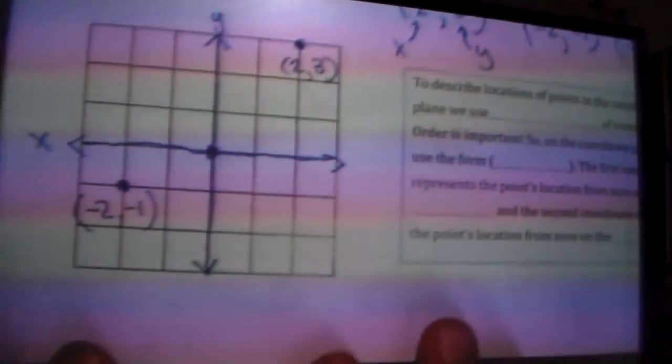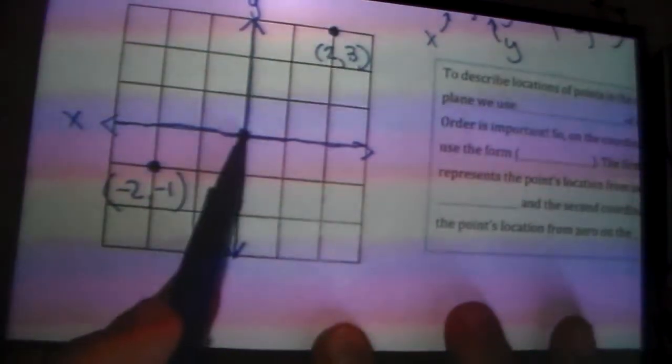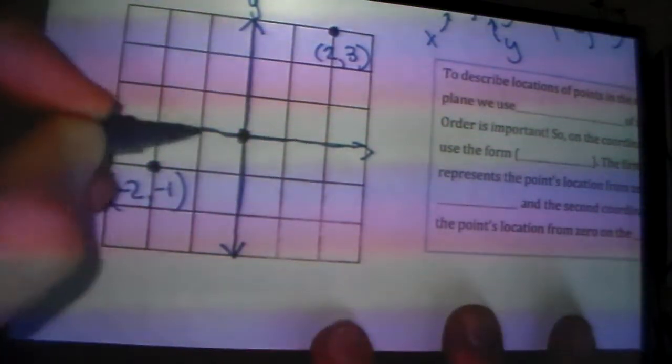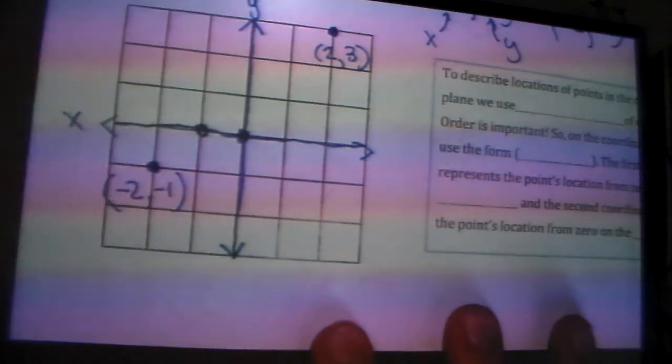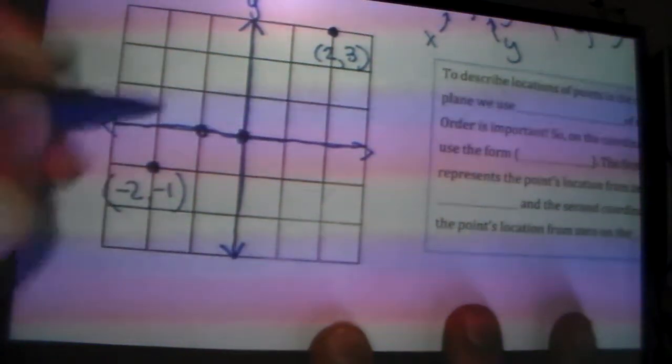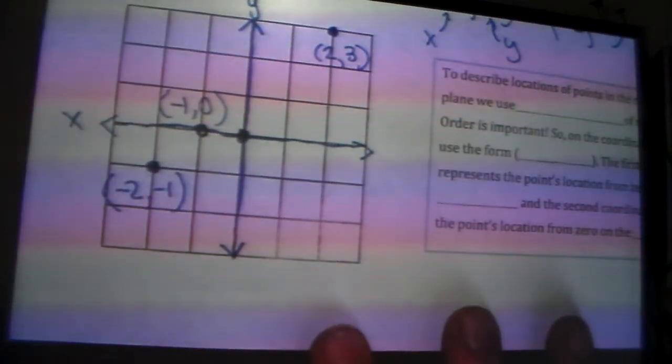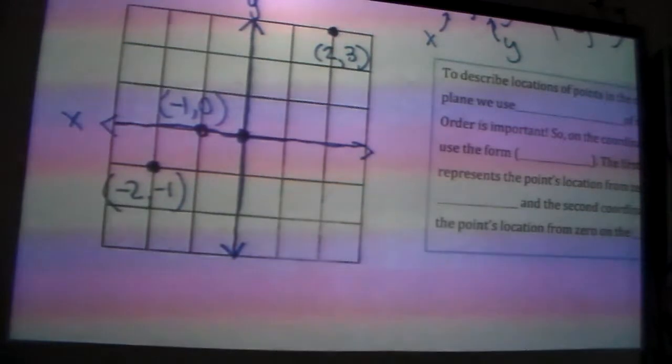So again, since the first number is negative, that tells me to go left. So I go left 1. But then 0 for the y means don't move. So this point actually goes right on the coordinate plane. So here, this would be the point -1, comma, 0. So what we have here are 4 separate areas.